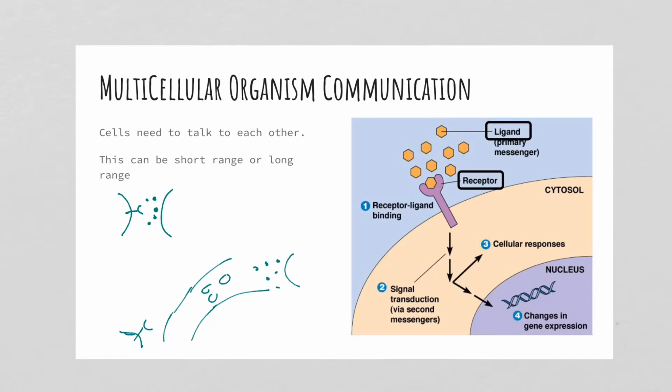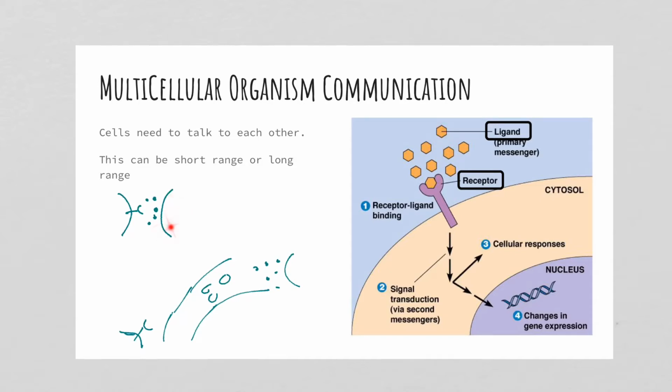The biggest thing that you need for this communication, no matter whether it's long range or short range, is a receptor, and that's basically going to be a protein that will pick up the signal. It needs to be specific to that signal. And the other thing you need is the ligand, which is that primary messenger or that first signal.